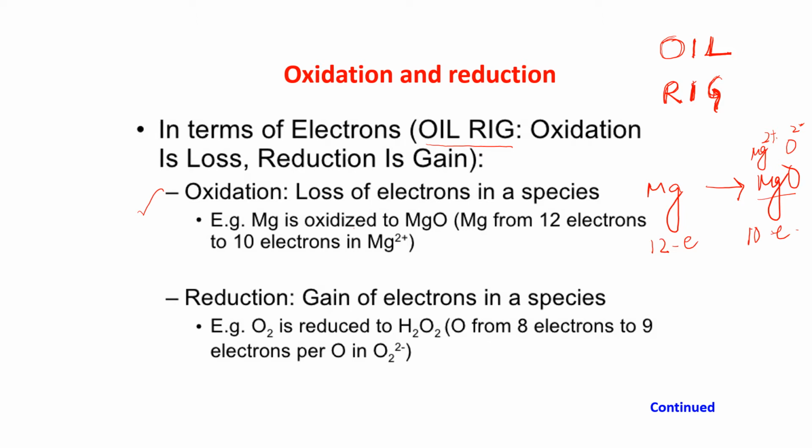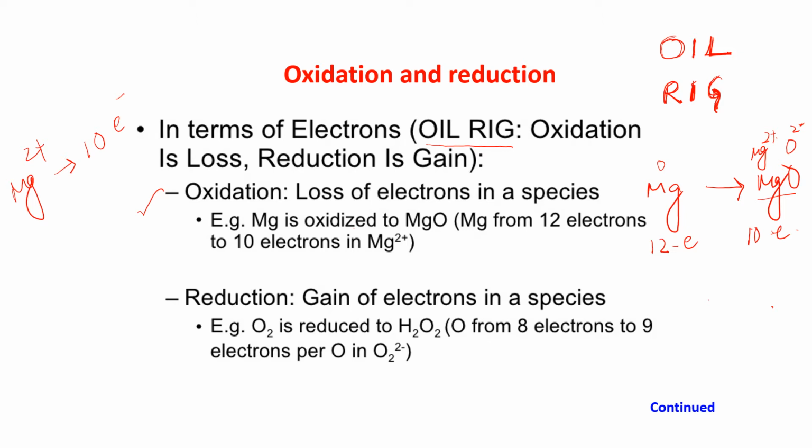And this is actually Mg0, having 12 electrons, and this is magnesium 2+, which means it is having 10 electrons. So it's a loss of electron. Am I clear?